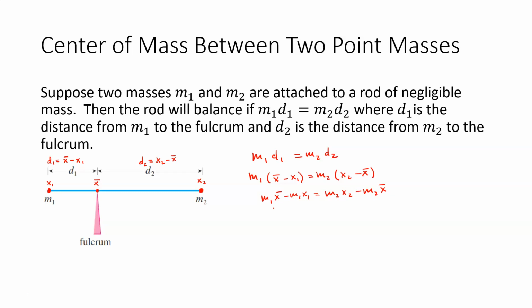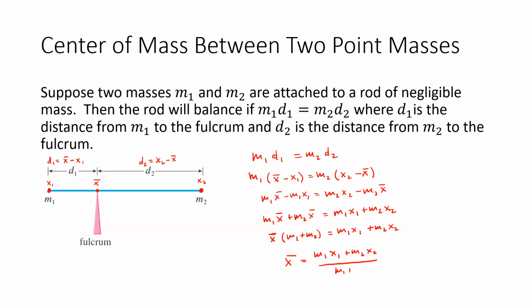I'm going to try and isolate x bar in the equation here, so I'll move the terms that have x bar into the left-hand side, and move the other terms to the right-hand side. Factoring out x bar, we have x bar times (M1 plus M2) equals M1 x1 plus M2 x2. And so we see x bar will be M1 x1 plus M2 x2 divided by M1 plus M2.